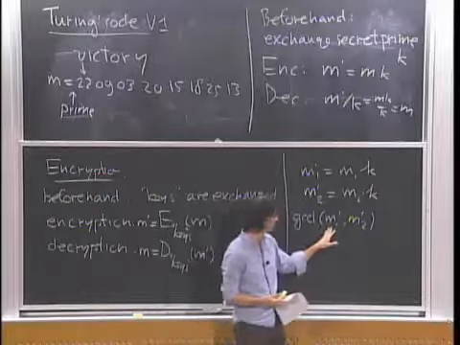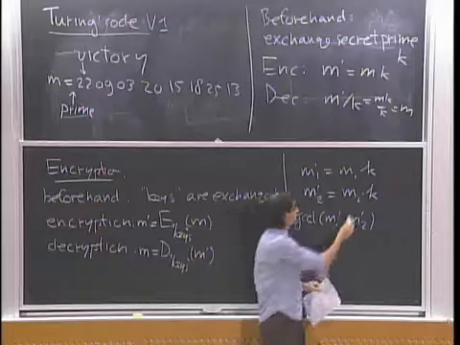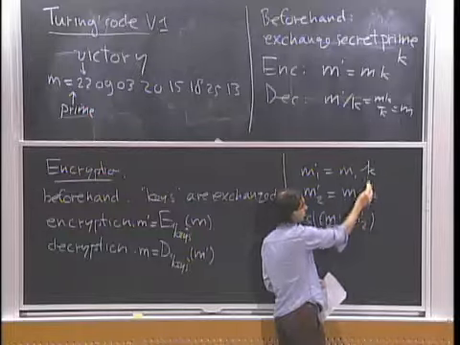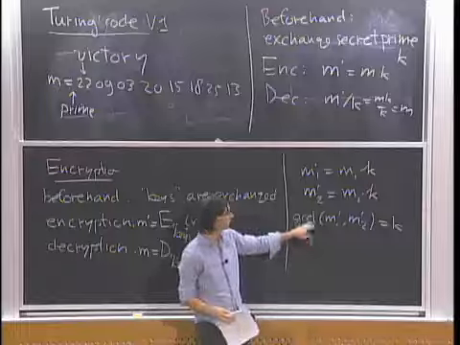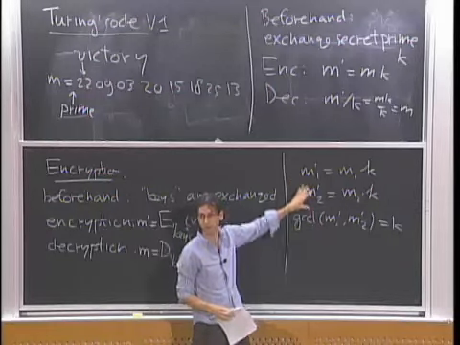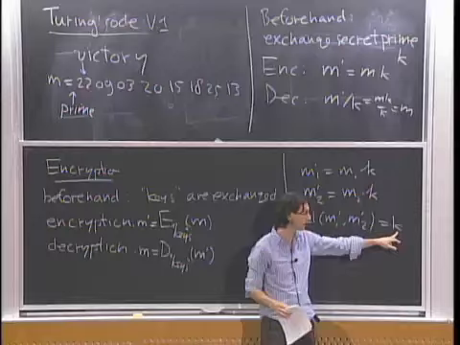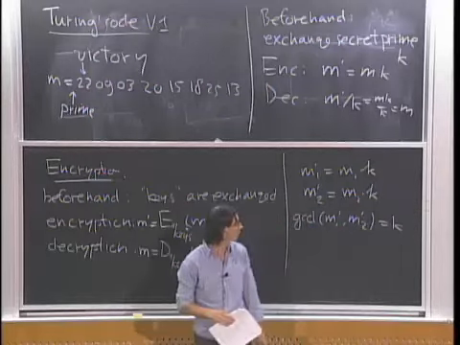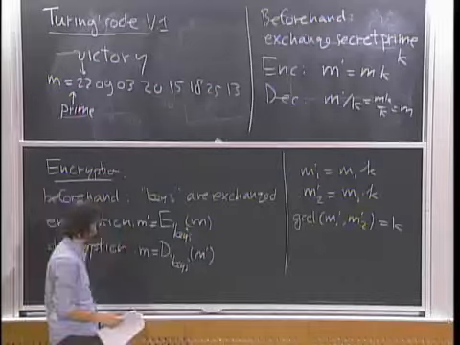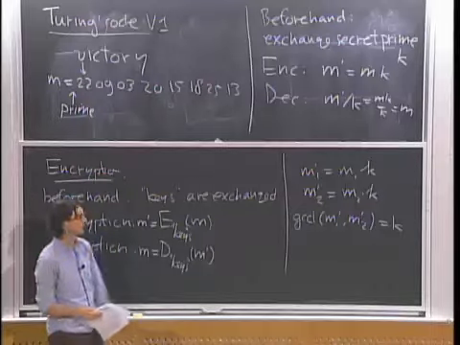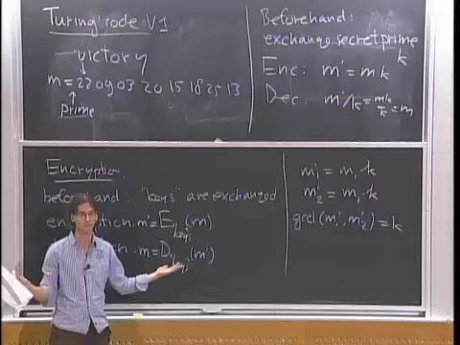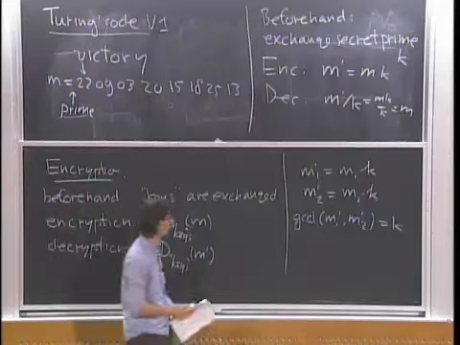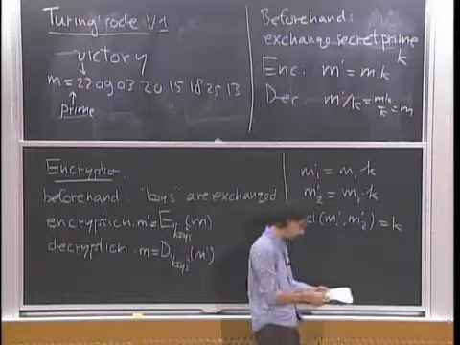The greatest common divisor of these two is k. So just by calculating the GCD of the two encrypted messages, I will be able to figure out what k is, the key. If I know the key, then I can decrypt any ciphertext, any encryption of a message that I can intercept. So this is not secure.